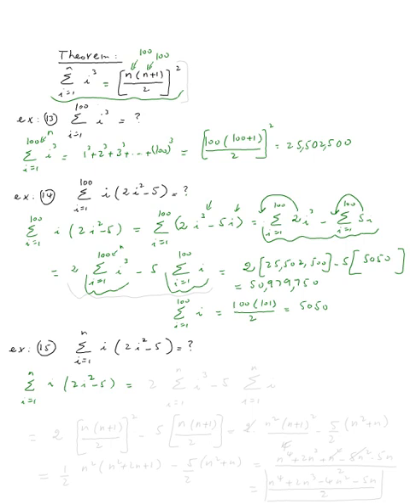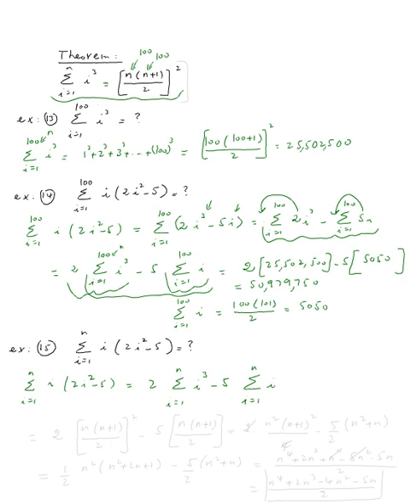So this is going to be equal to sigma from i equal 1 to n, same thing we just did for the previous example, except we're not writing 100 for n, of 2i cubed minus 5 sigma of i equal 1 to n of i.